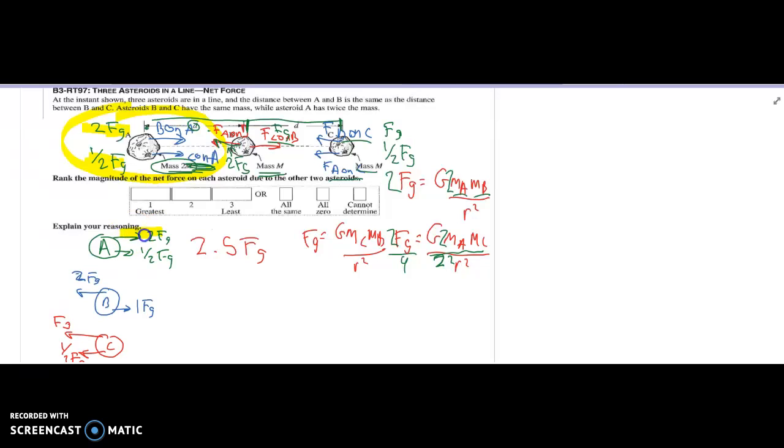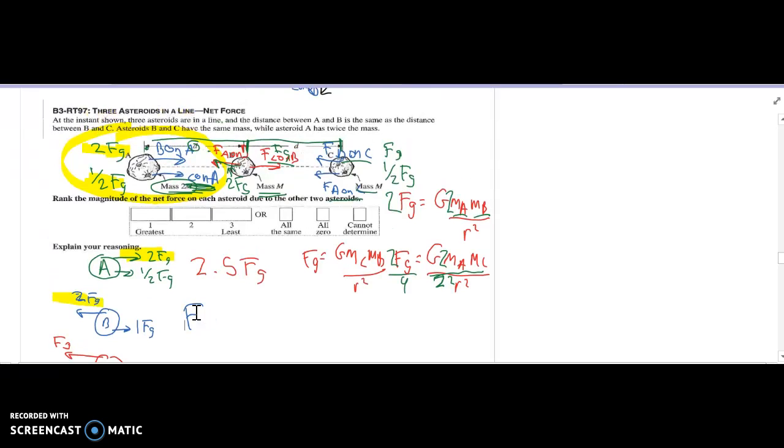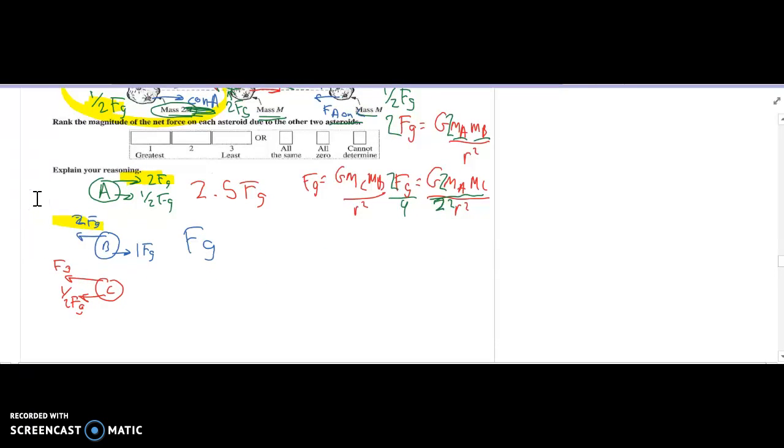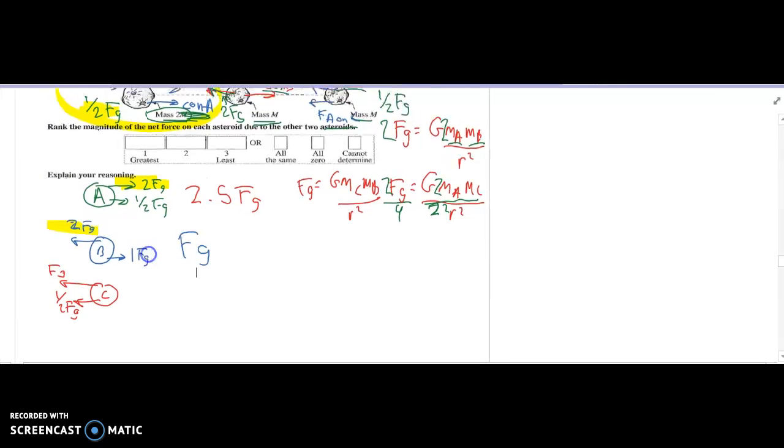The next one, B, you can see I have 2Fg to the left because based off of Newton's third law, this is B on A. That's equal and opposite to that one. Okay. If I added these vectors, I would end up with 2 minus 1, so this is just Fg. The very last, right, we can see that Newton's third law, this force has to equal and opposite to this one, Fg.